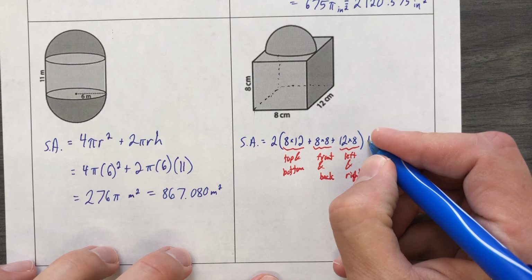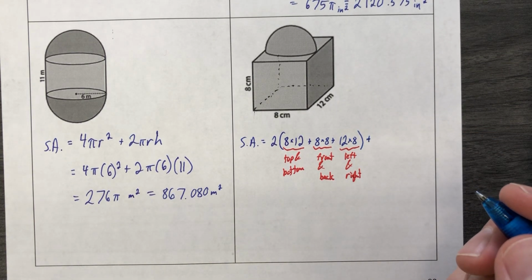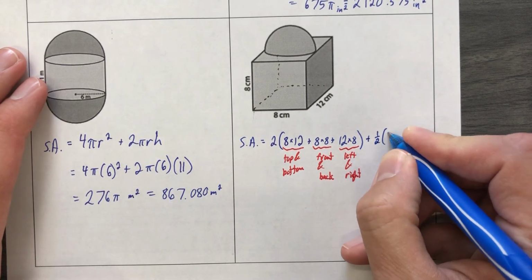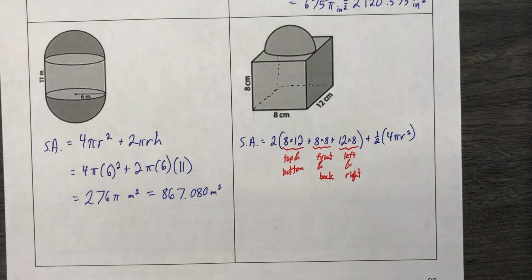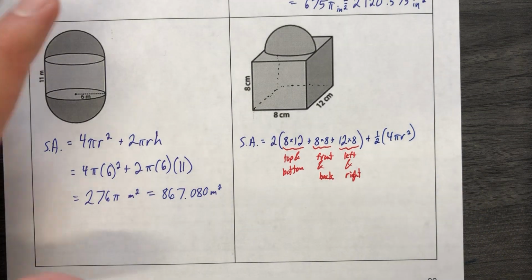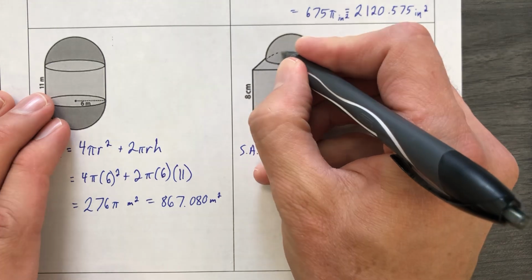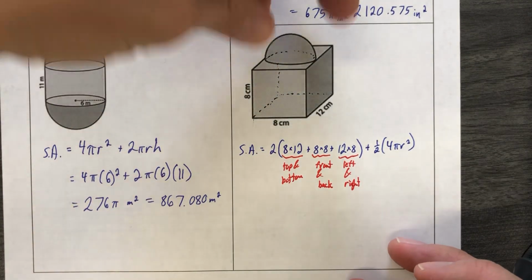So we need to add the surface area of half of a sphere, and that would be, I'm going to write a little too much here, 1/2 4 pi r squared. That will become a 2. Now, but here's also the situation. All right, so there is a circle that is up here, where this hemisphere sat down on top of it.